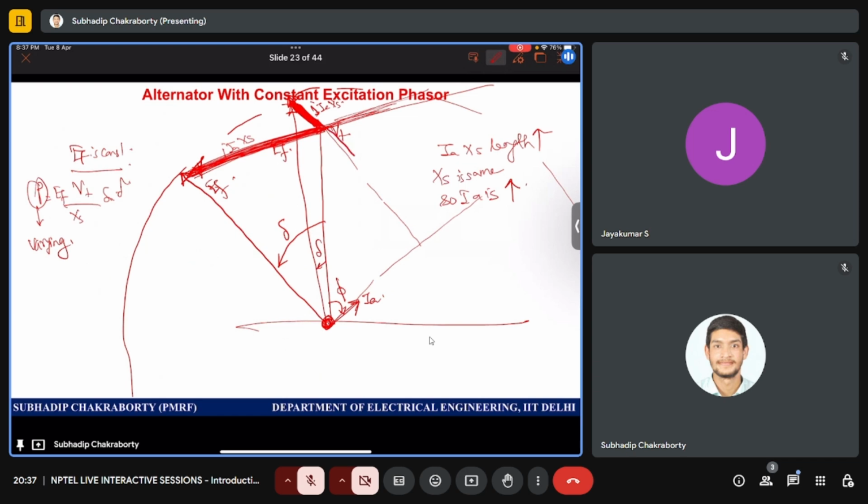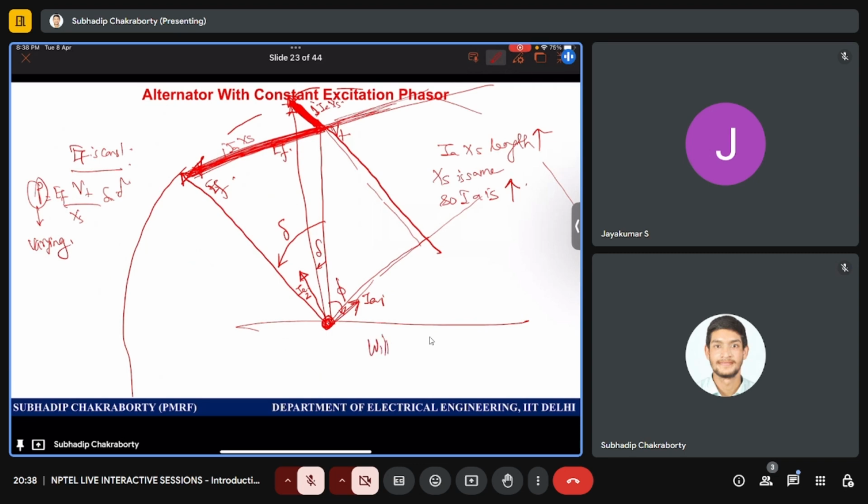See, IA XS line is perpendicular to IA. So it should be like this. IA2. Understood, right?